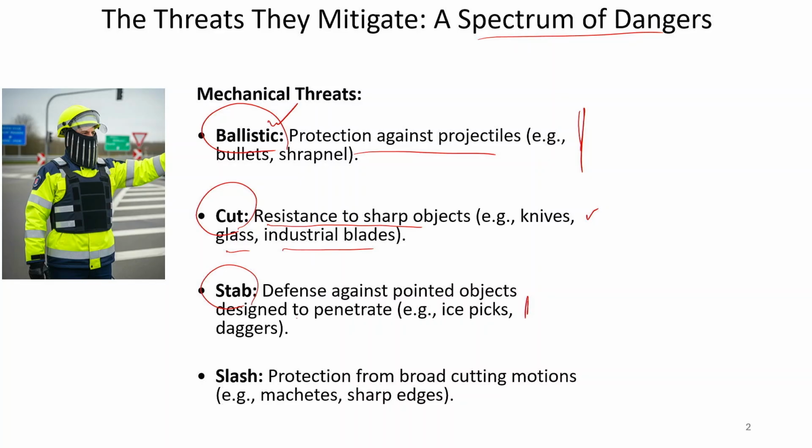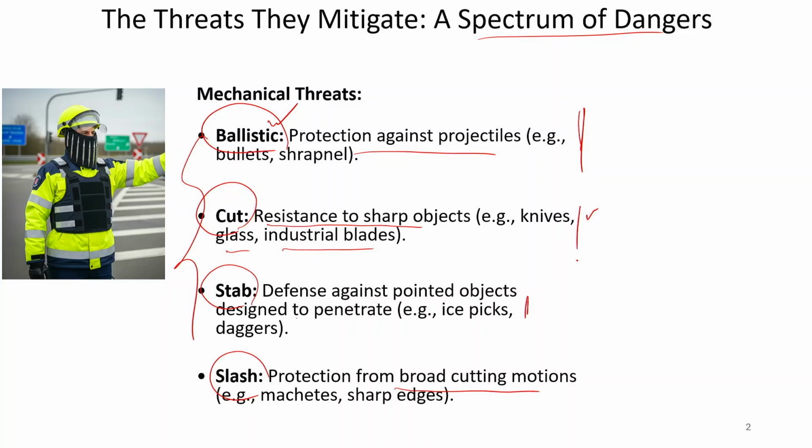And the fourth one is the slash. The slash is actually a combination of different types of threats, like protection from broad cutting motion. This includes the stab and cut.